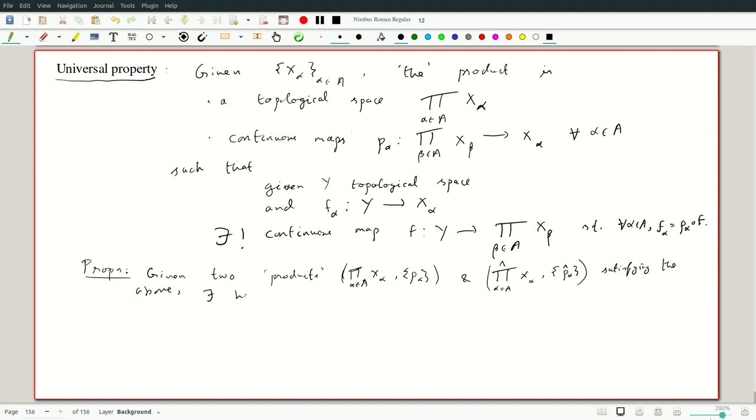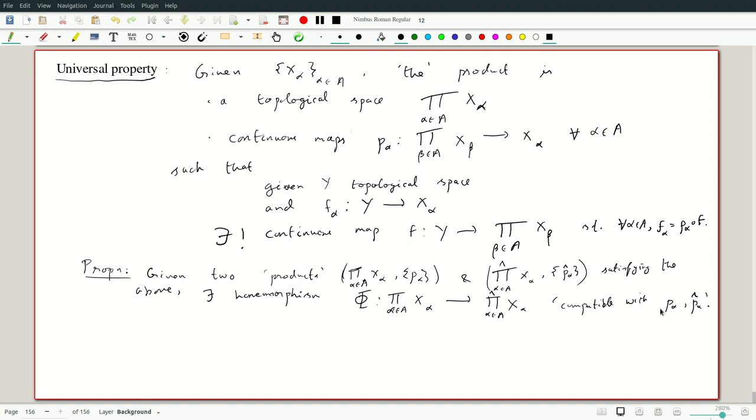there exists a homeomorphism. So these are homeomorphic. Let me call it phi, from the first product of X alpha to the second product of X alpha, such that it is compatible with P alpha and P alpha hat.